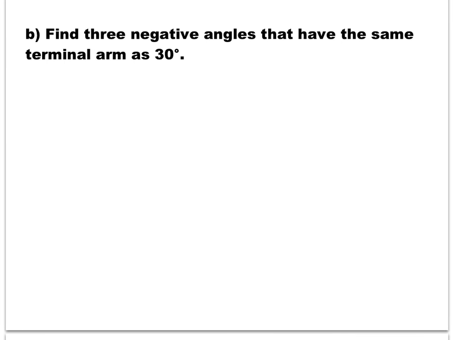The next example says now find three negative angles. Again, we have the case of 30 plus or minus 360 times n. Since we're talking about negative, the plus is gone. So we get 30 minus 360n. If n is equal to 1, we get 30 minus 360 times 1, which is going to give you negative 330.